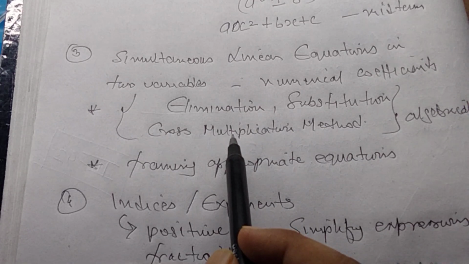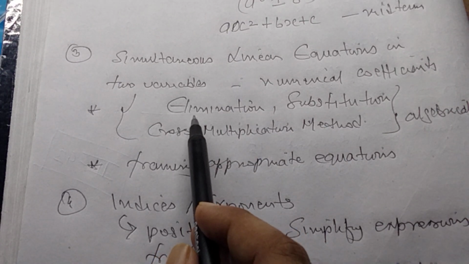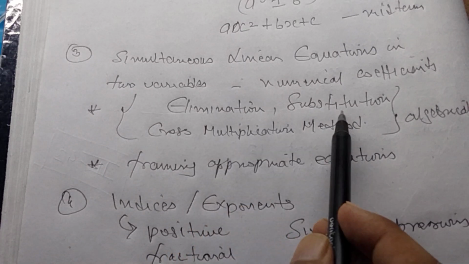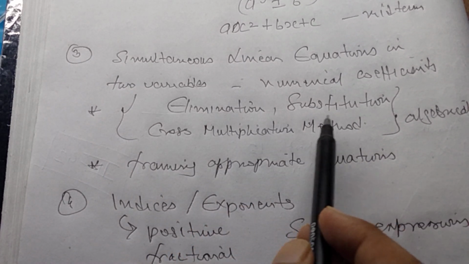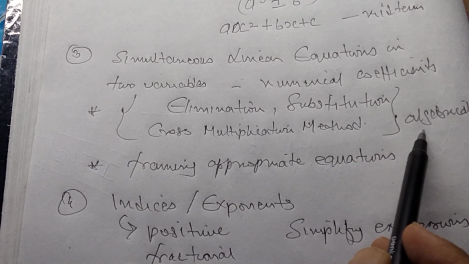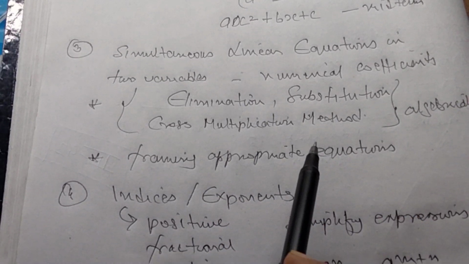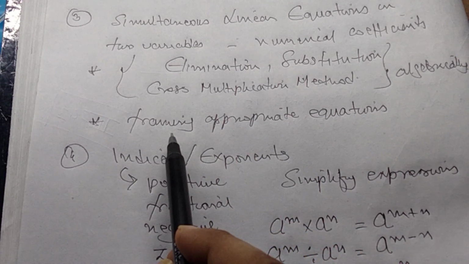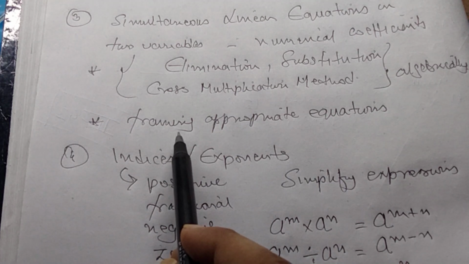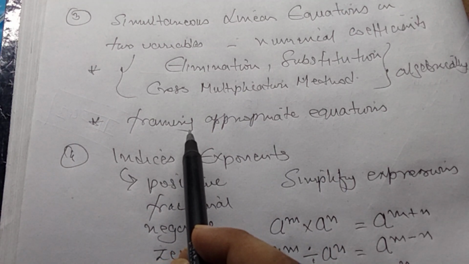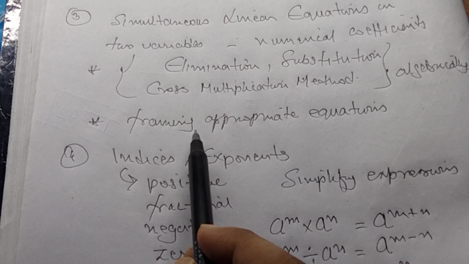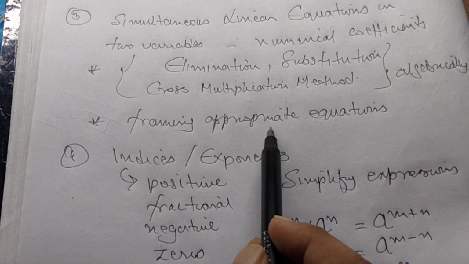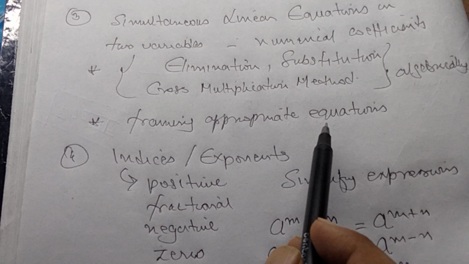Number one is the algebraic methods, which is elimination, substitution and cross multiplication method. And also we have to know how to solve simple problems by forming equations. So you have to know how to form equations using variables.